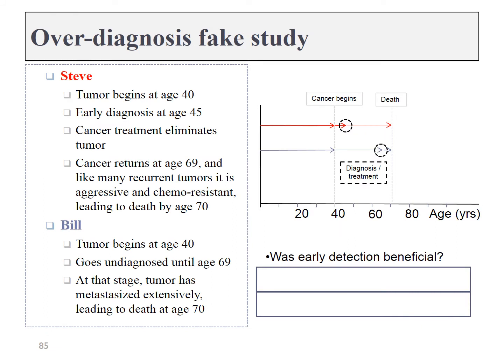Switch over to men. I've got two hypothetical patients, Steve and Bill, and they're identical twins, and both of them develop the exact same cancer at the age of 40.